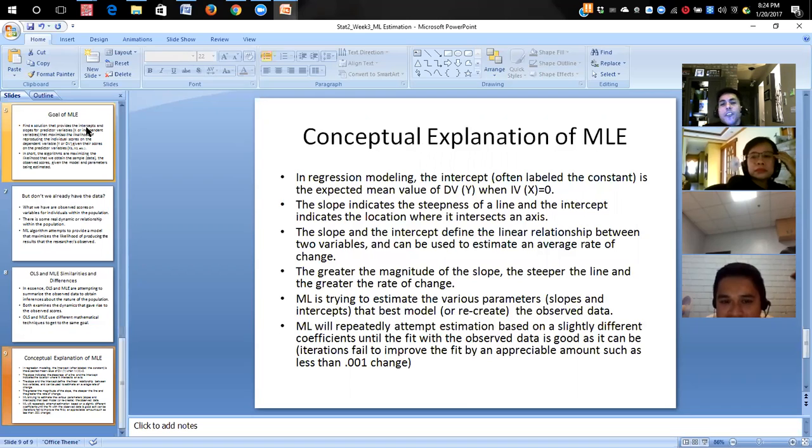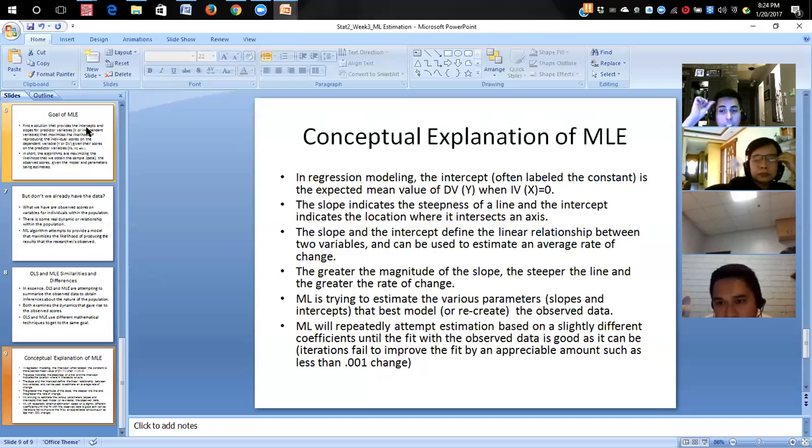So what is the conceptual explanation of maximum likelihood estimation? Because as I promised you guys, we're going to really discuss concepts here, because that's the key for modern statistics, is to understand the concepts. So the conceptual explanation of maximum likelihood is that in regression modeling, so regression is line.